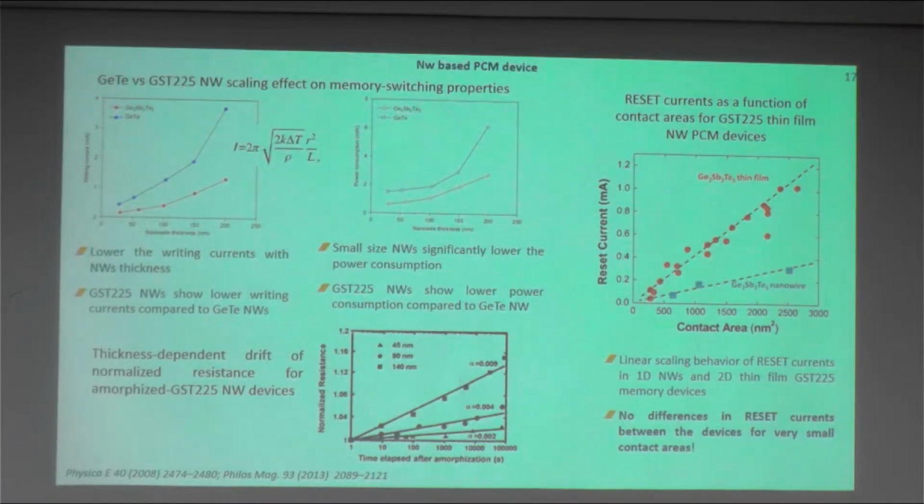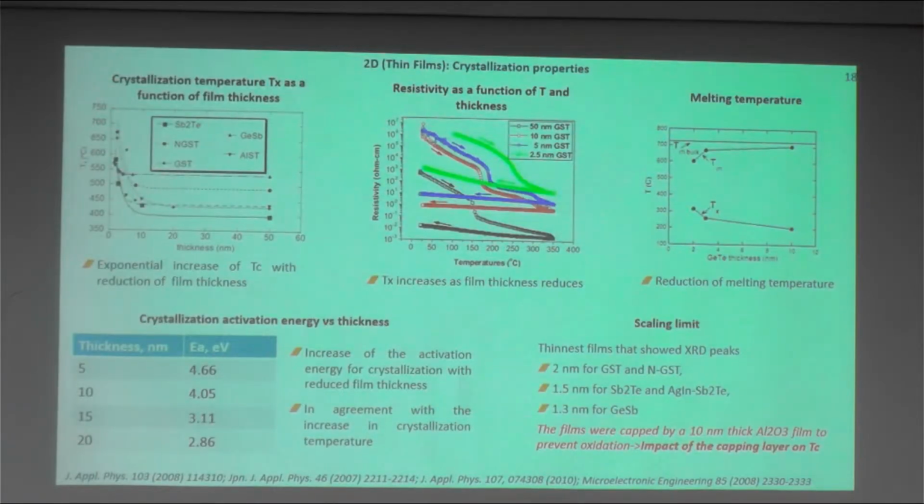So now let us look at the 2D materials like thin films, and let us look at their crystallization properties. So for thin films, as for nanowires and nanoparticles, there is also a dependence of the crystallization temperature. It increases as the size decreases.